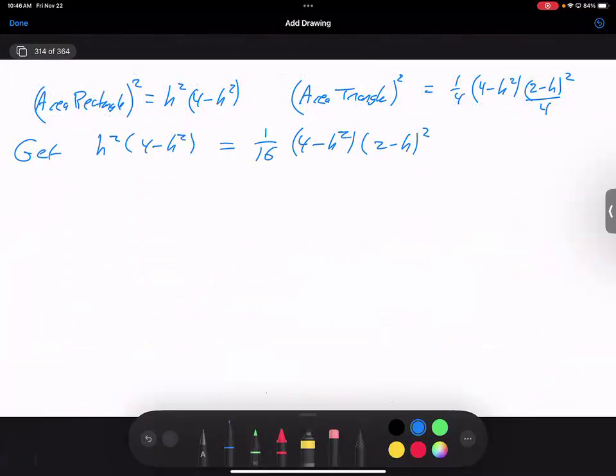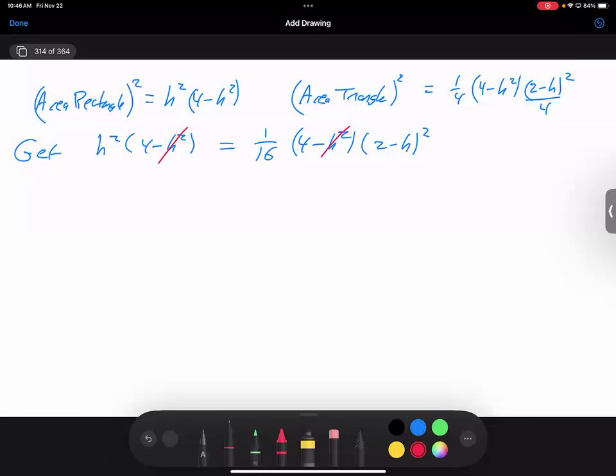And here is a general principle. Never do algebra until you need to. There is no need to expand and multiply everything out. What can I do to both sides? Divide by 4 minus h squared, and then square root both sides.